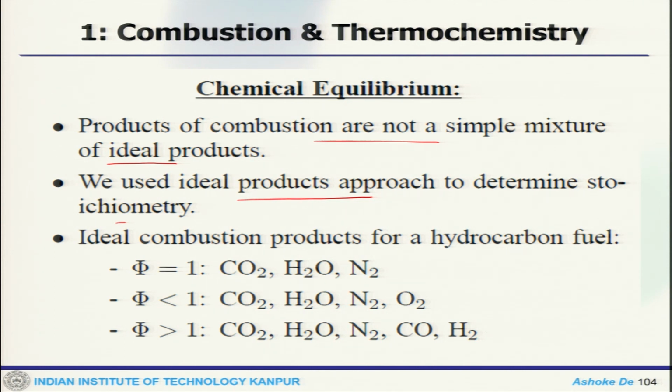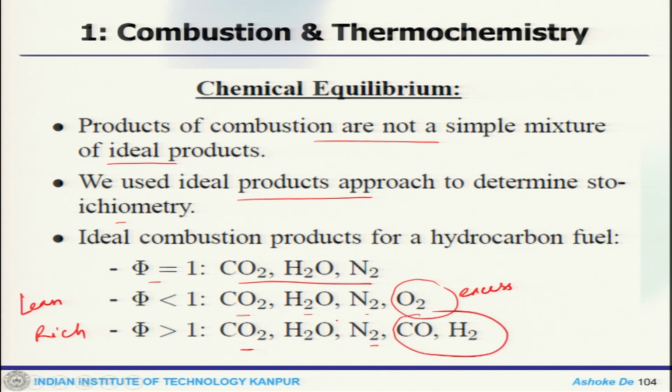For a hydrocarbon fuel at stoichiometric conditions, it will be CO2, H2O, N2. If it is lean, you get CO2, H2O, N2 and the excess oxygen, because this is a lean condition. If it is rich, you get CO2, H2O, N2, but then you also get some CO and H2.